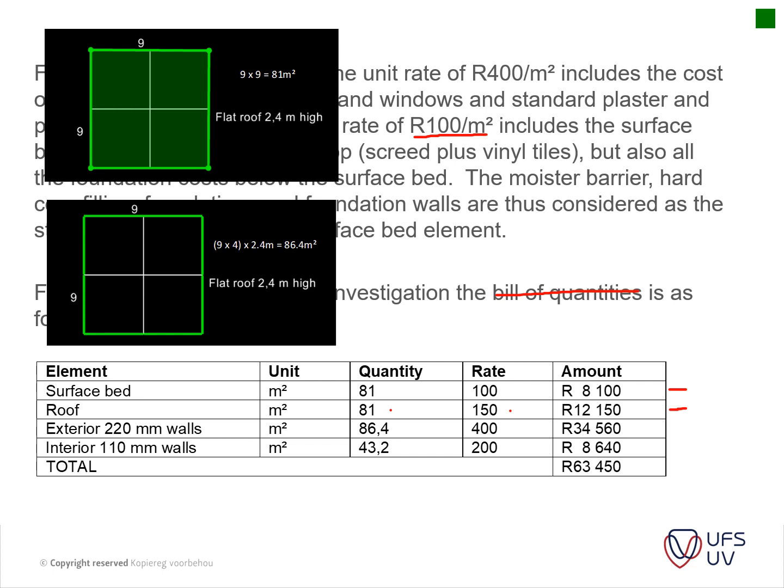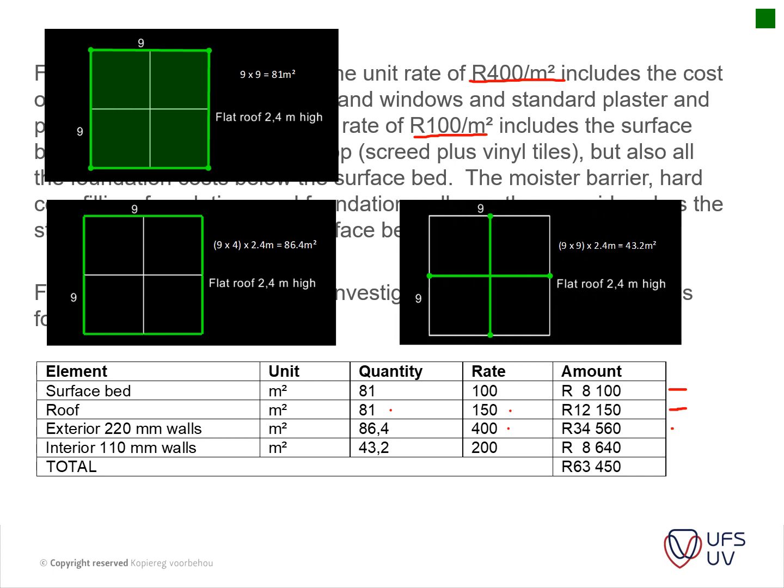It is basically the 9 by 9 perimeter calculated times a height of 2.4 to get the square meter area, and thus we use the 400 Rand per square meter rate to calculate that.